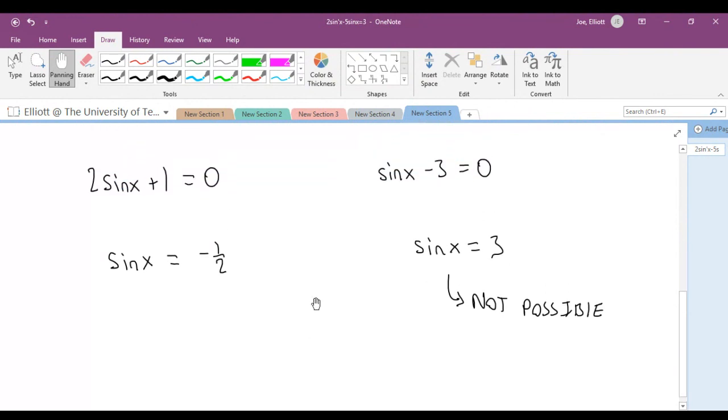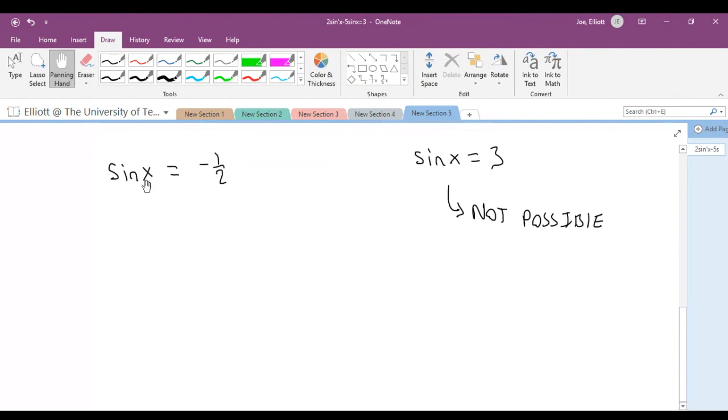Okay, but for this problem though, that was not the only possibility. We had another possibility that sine of x would equal -1/2. So sine is 1/2 at an angle of pi/6, but you want it to be -1/2, so you need to get the pi/6 angles in the third and fourth quadrants where sine would be negative.